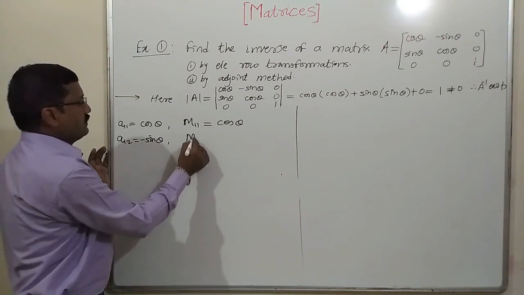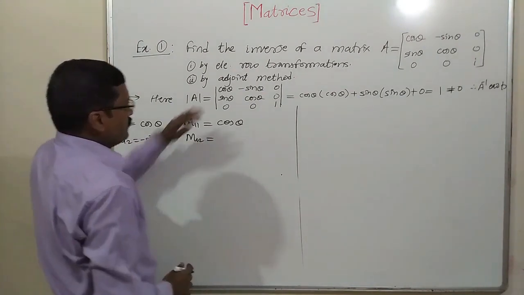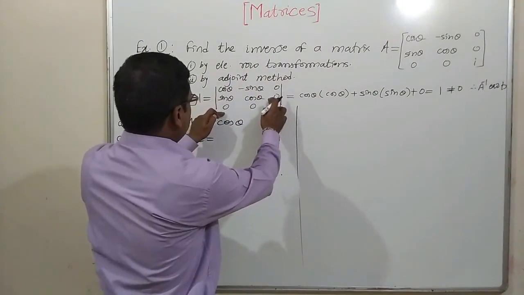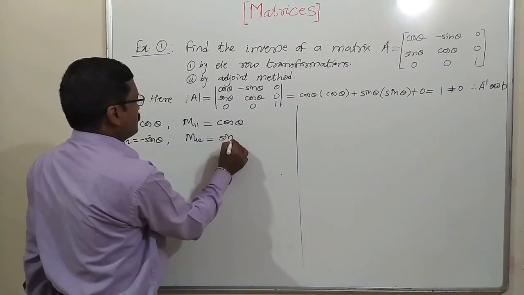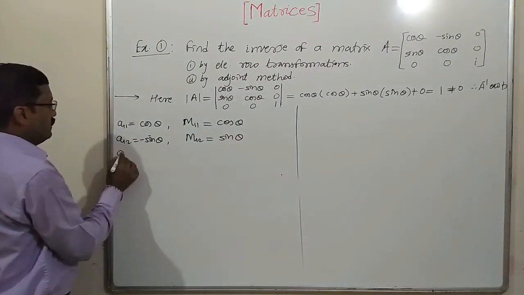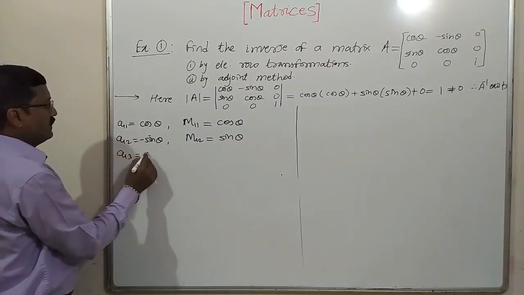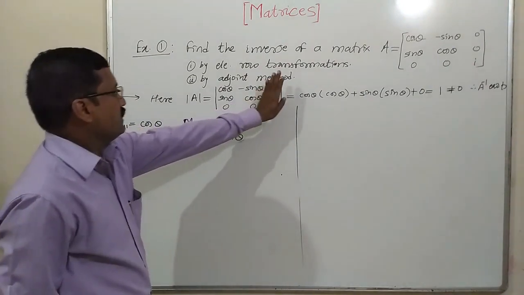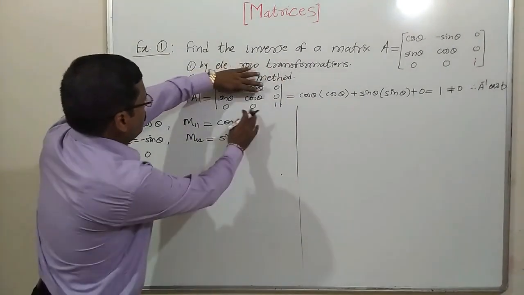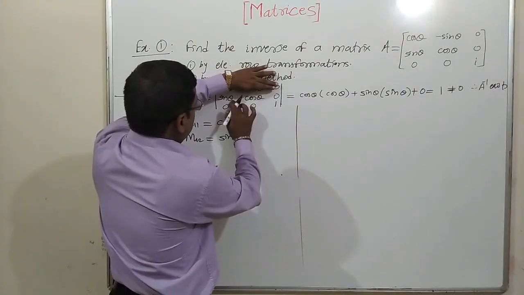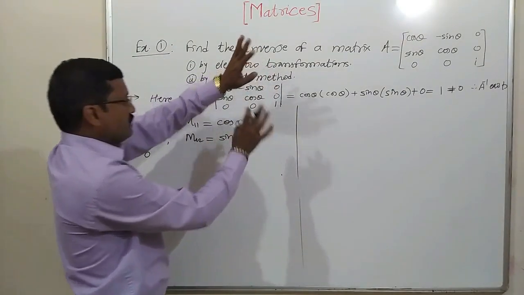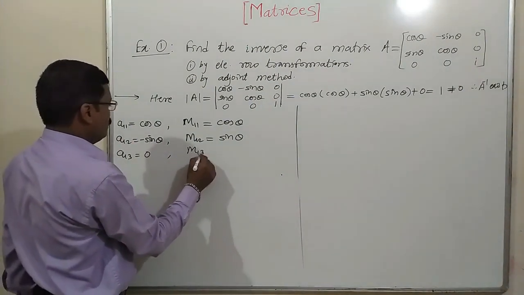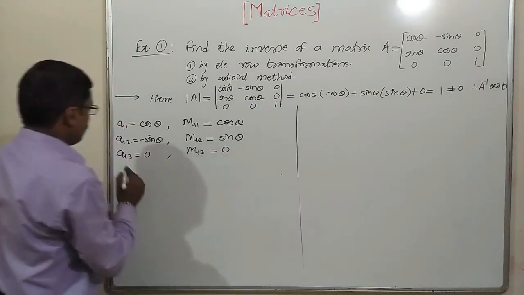Its corresponding minor M12, the element remaining after cancelling this column and row, we get again sin theta, 0, that is sin theta. The third element A13, that is 0, first row, third column. The element remaining in this column and row is this only. So sin theta into 0, 0 minus 0 is 0. So the corresponding minor M13 is also 0.